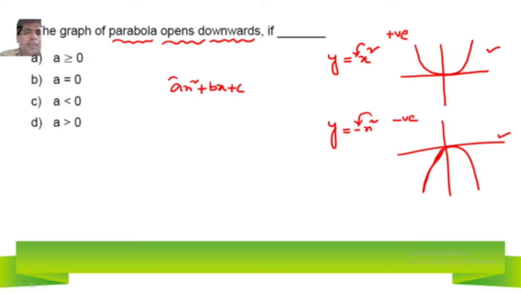In this, if a is greater than 0, it opens upwards. If a is less than 0, the parabola opens down. So here your option is C, because it opens downwards. So a less than 0 is the right option.